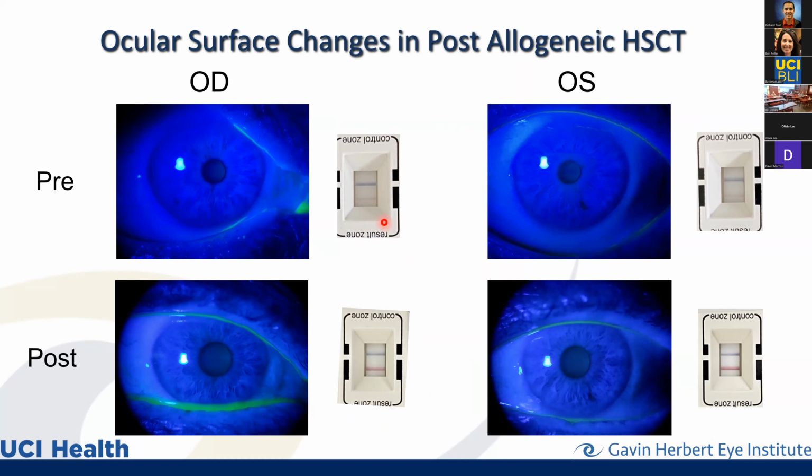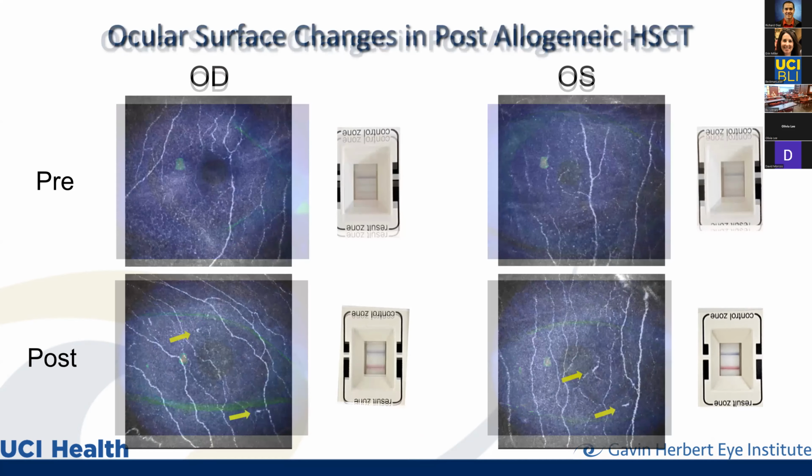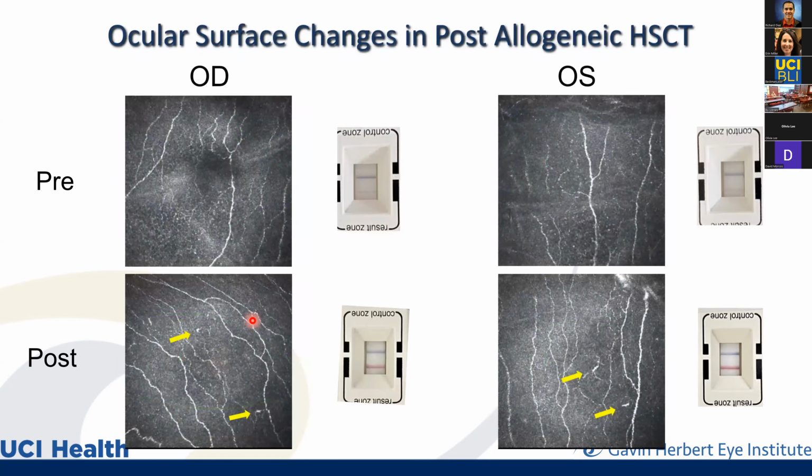But that MMP9 test that I showed you at the beginning, the point of service test where we take a little sample of the tear and it tells you, like a COVID test, whether or not you have metalloproteinase 9 in the tears, was very mild before and now is a dark red line afterwards. But more interestingly, look, this patient has some dendritic cells after transplant that weren't there before.